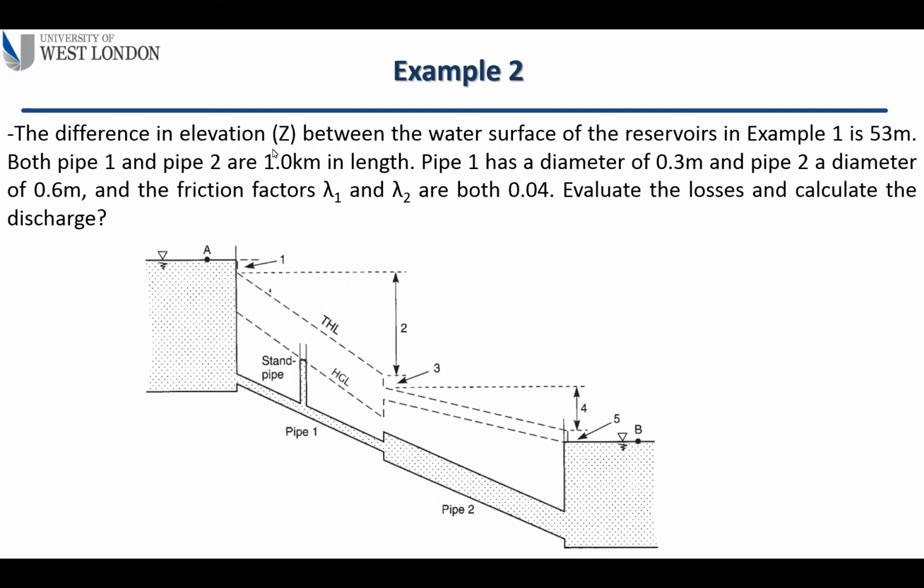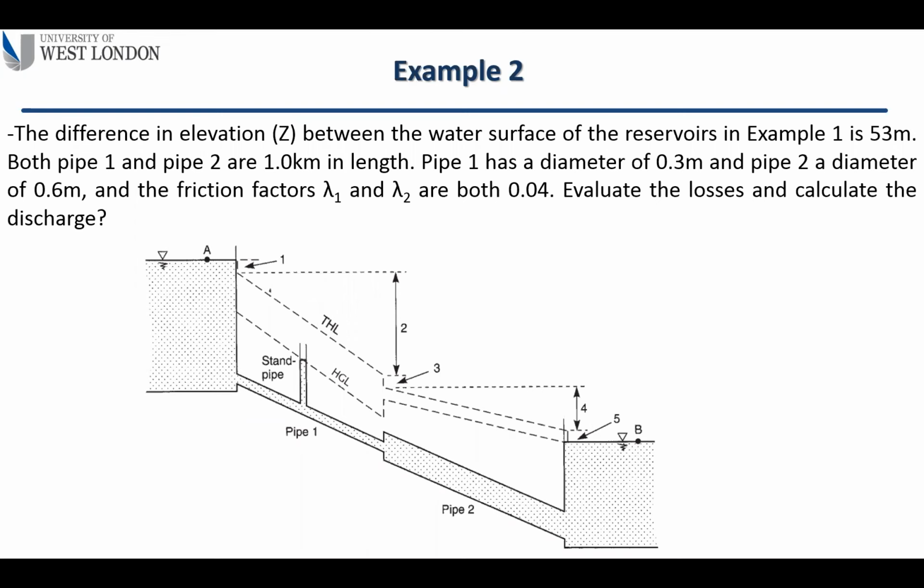The difference in level Z between the water surfaces of the reservoirs in this example is 53 meters, so the difference between point A and point B is 53 meters. Both pipe 1 and pipe 2 are 1 kilometer in length. Pipe 1 has a diameter of 0.3 meters, and pipe 2 a diameter of 0.6 meters.